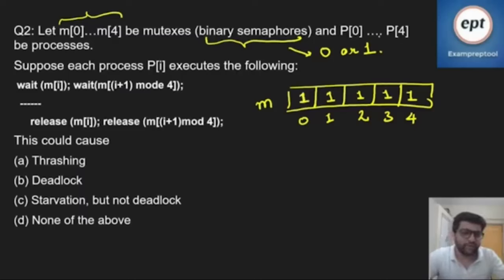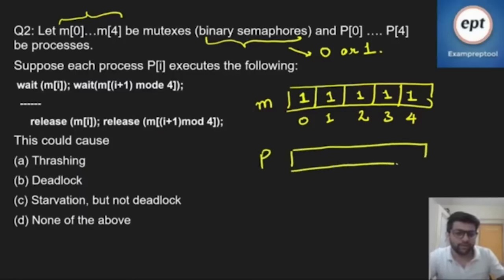And we also have 5 processes, from P0 to P4. Right? So suppose each process Pi executes the following code.